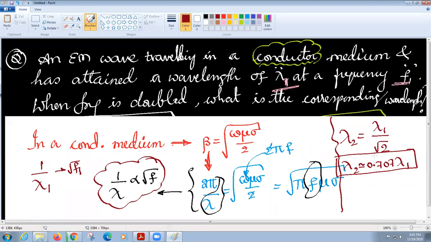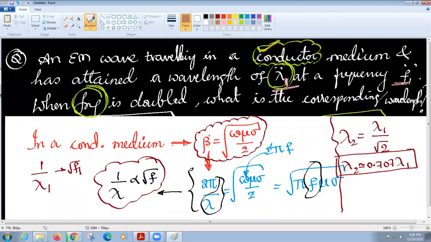So these kinds of questions are quite common in the GATE examination. We must be able to identify the right term. So the moment they give you a conducting medium, or conductor medium, and talk about wavelength and frequency, straightforward I must go to beta.